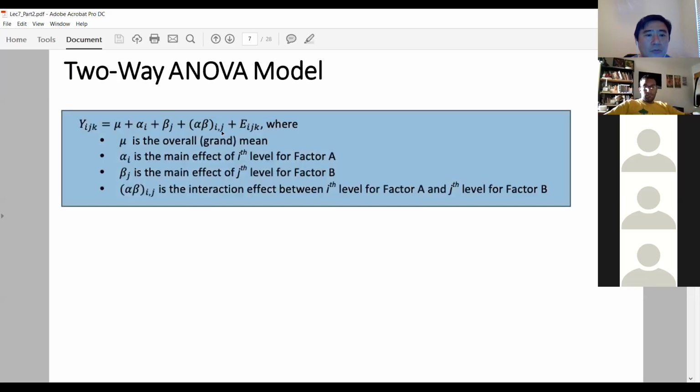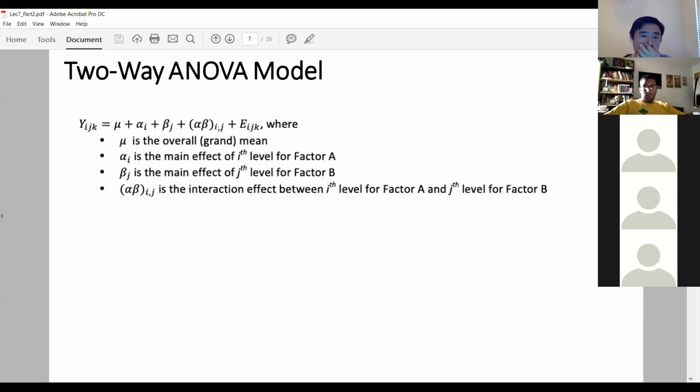There you're going to use 2 subscripts, I and J, to indicate that in the interaction terms, because the value of the interaction is not only determined by I, but also determined by J. And then you have error terms determined by I, J, and K. I is the level for factor A, J is the level for factor B, and K is the index of the repeated measurements for that group.